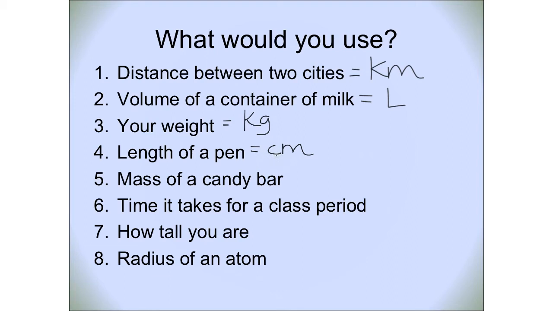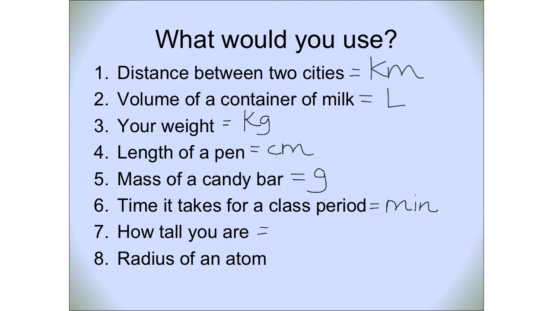I feel like it's easier to count, like it's 7.8 centimeters. A mass of a candy bar, that would be here measured in ounces, but with the metric system, we would be using grams, and that again is what we will be using in class. Time for a class period is minutes.